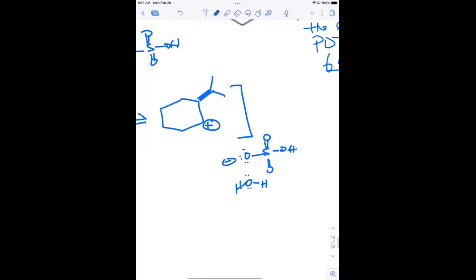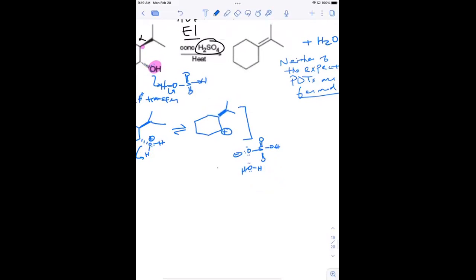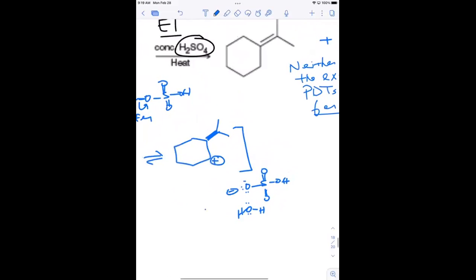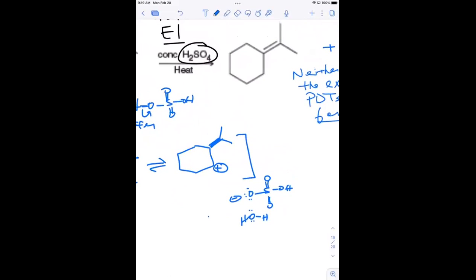All right, but if we look at that product that we have up top, where would I have to eliminate in order for that product to occur? Look at what a double bond is. What proton would I have to pull off in order to get that?